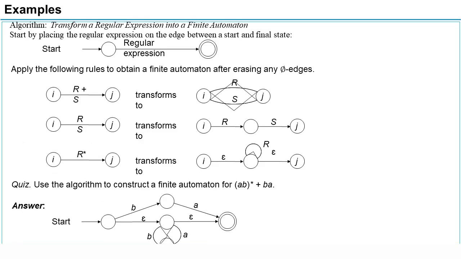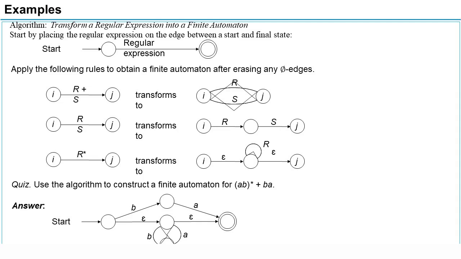The algorithm transforms a regular expression into a finite automaton. Start by placing the regular expression on the edge between the start and the final state. When you look at the figure, you have the start, then after the start it reaches a state, where the regular expression is given, and it reaches the final state. Now we apply rules to obtain a finite automaton after erasing epsilon edges, null edges.